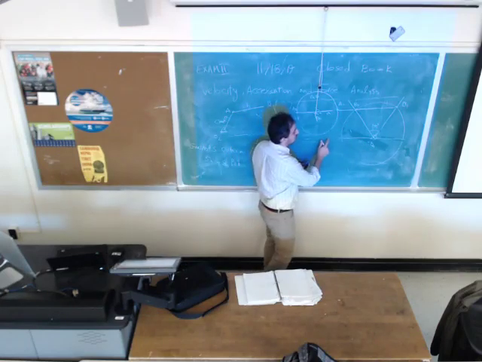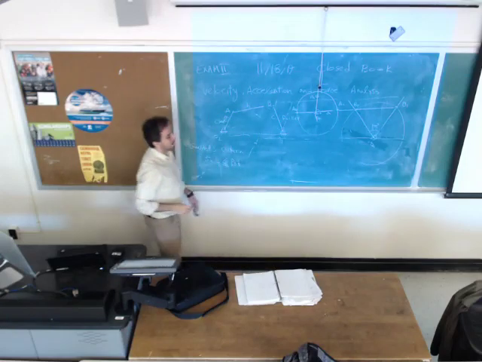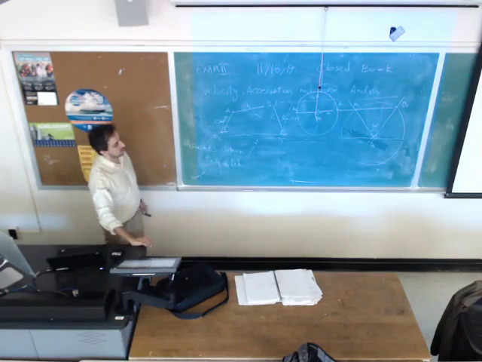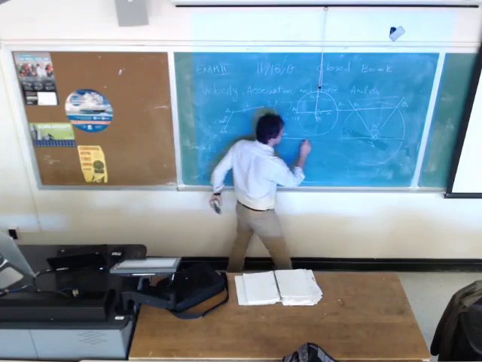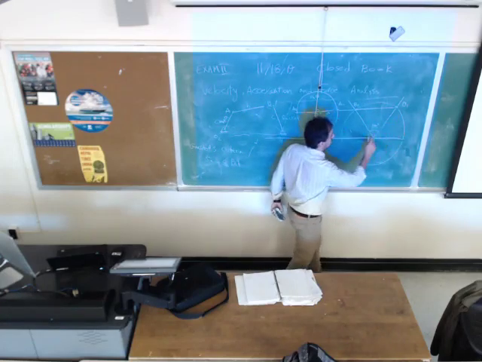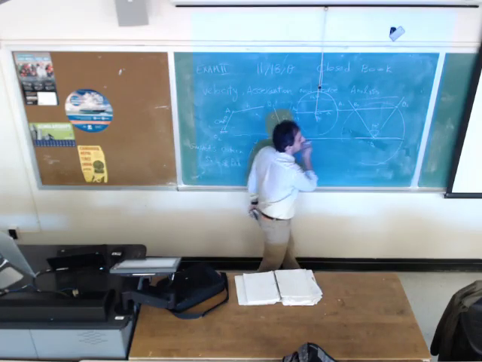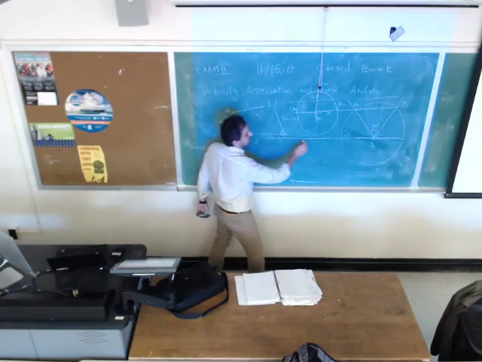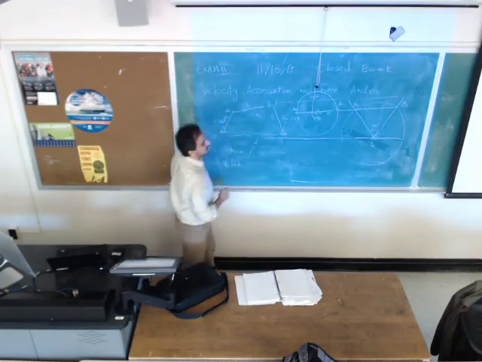So I would like O2 to be located on this line. You pick any point O4, then you draw a line passing through that point, and you would like point O2 located on this line.